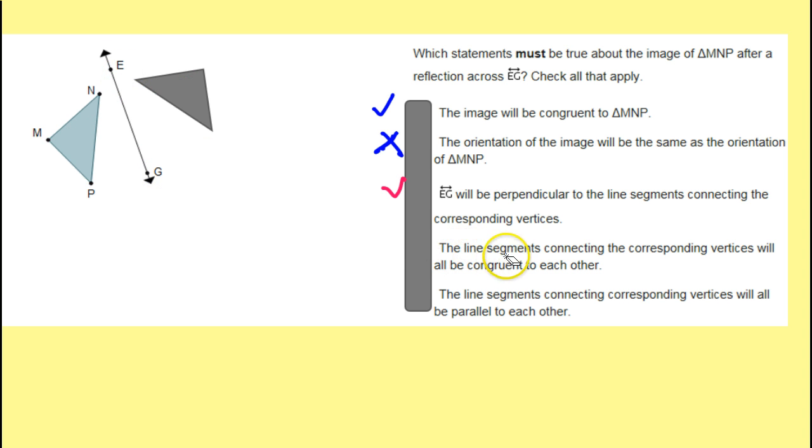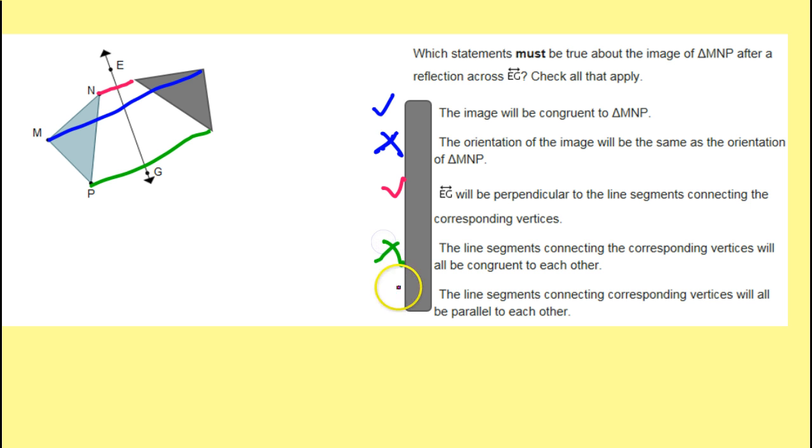Now, the line segments connecting the corresponding vertices will all be congruent to each other. Well, that is not true. Connector, connector, and connector. Are all three of those going to be the same length? Obviously not.